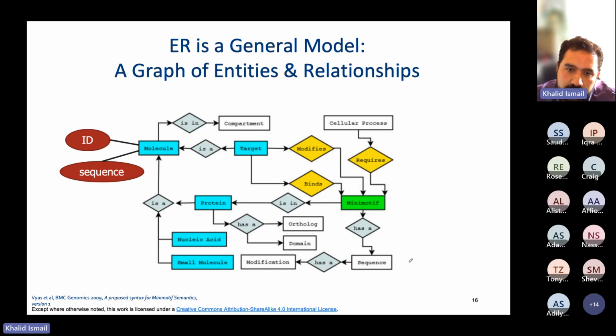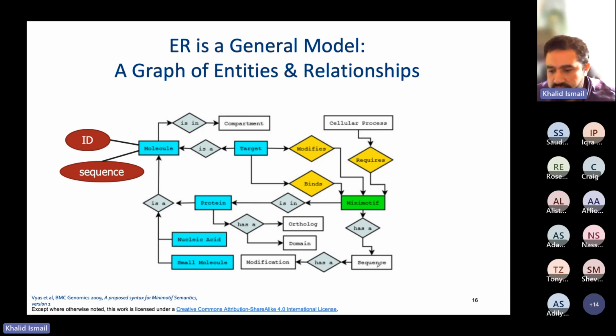So you can understand from this graph that these are the attributes or the properties of the entity. And we have a few entities here, and this is the relationship between the entities. The relationship can be is a, which is simply a class, the subclass and the superclass of it, or has a, which represents another relationship as well.